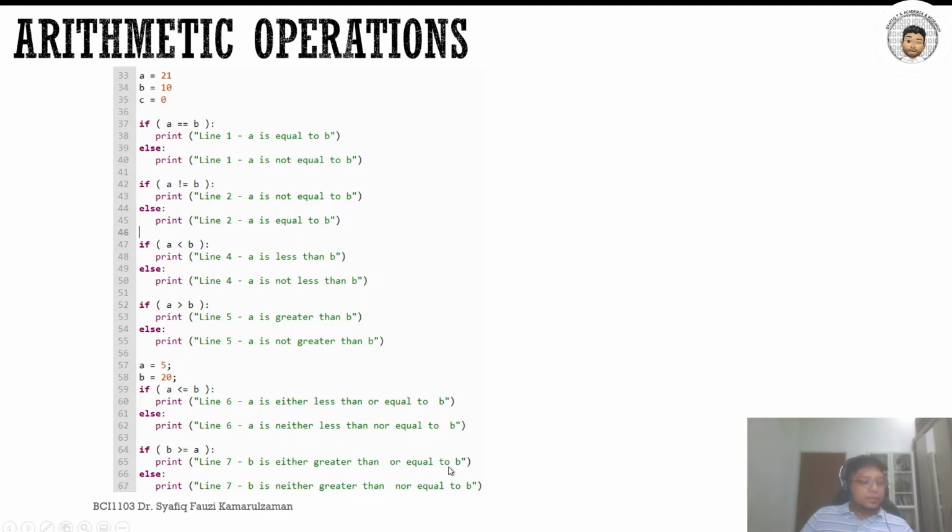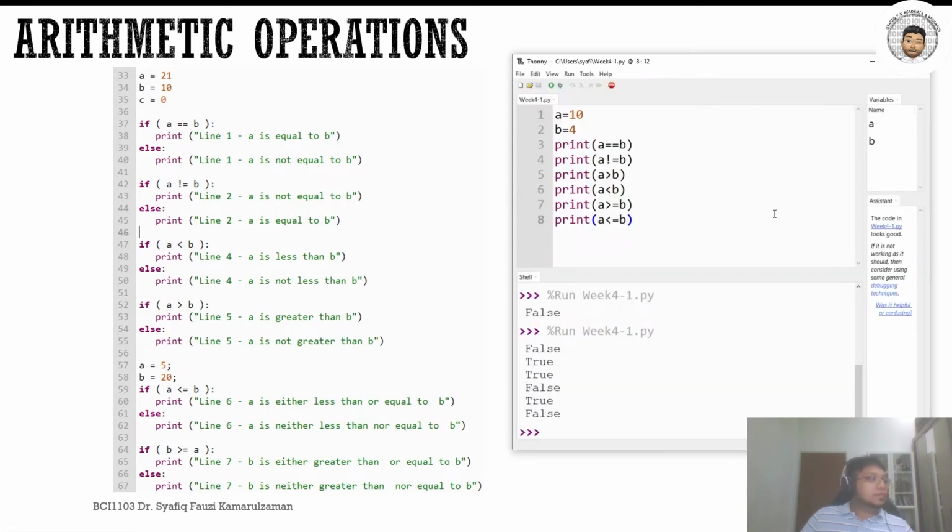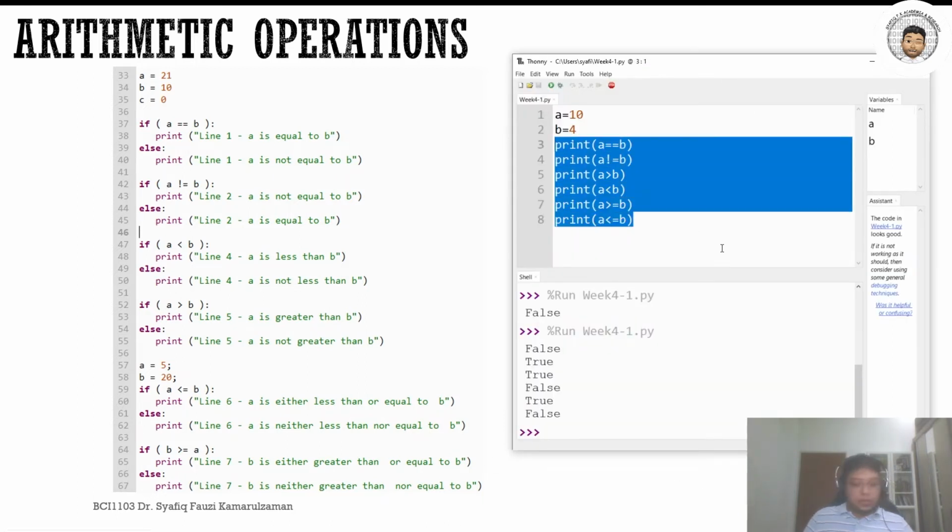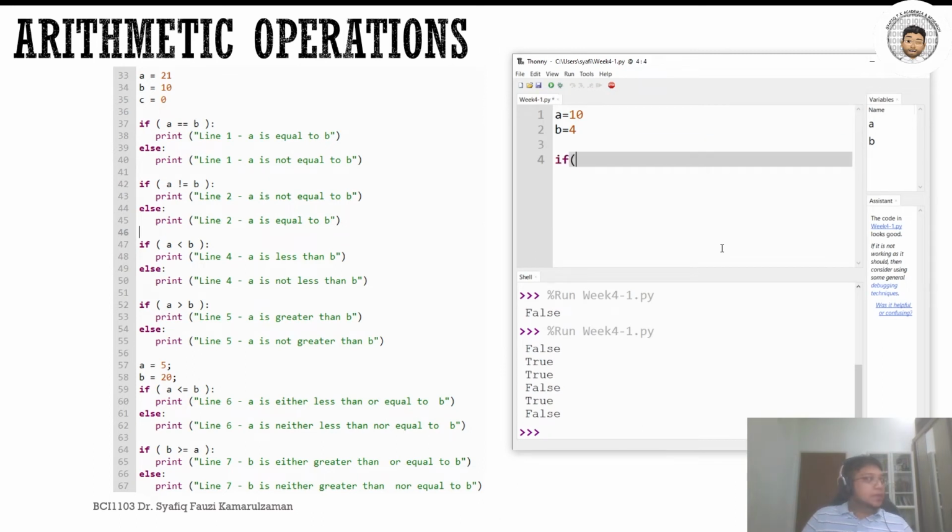Let me show you here. If A is equal to B, then print "A is similar to B", and then we have else.